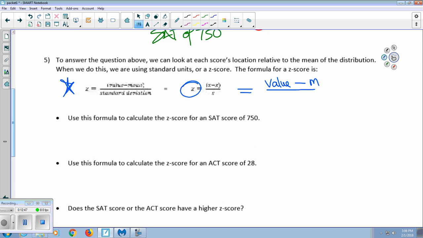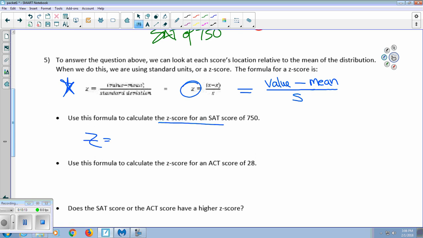We subtract the mean. So in other words, we're looking at how far away is our value from the mean, and we standardize it by dividing by our standard deviation. Okay, so how far away is the value from the mean, and divide that distance by the standard deviation.